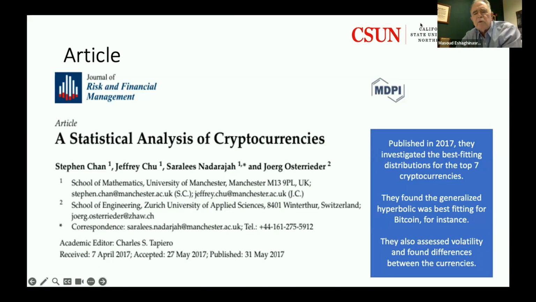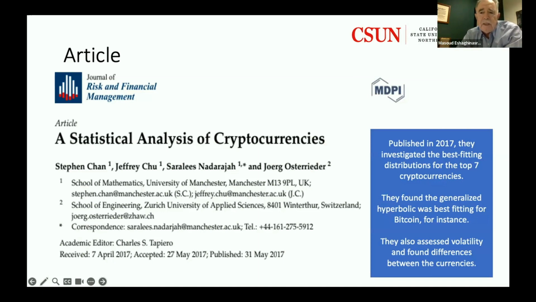They found that the generalized hyperbolic distribution was the best fitting for Bitcoin, for example, and also found the differences between currencies and what is the best fit for each currency.